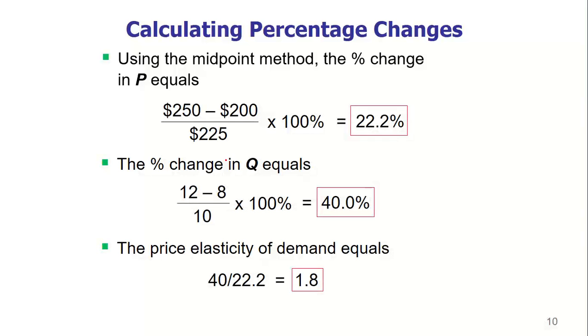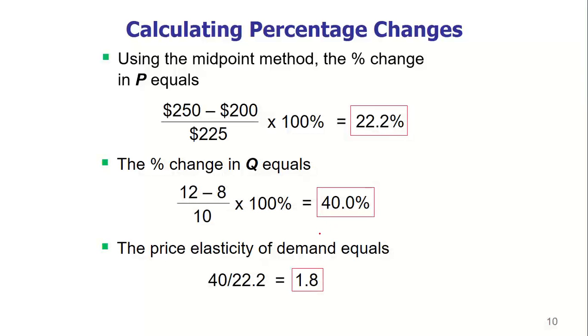The percentage change in quantity is equal to the end value. We had a quantity demanded of 12 and a start value of 8. So 12 minus 8 over the midpoint, which is 10 here. Then convert that into percentage terms and you have a value that is 40% change. So you have 22.2% and 40% change.